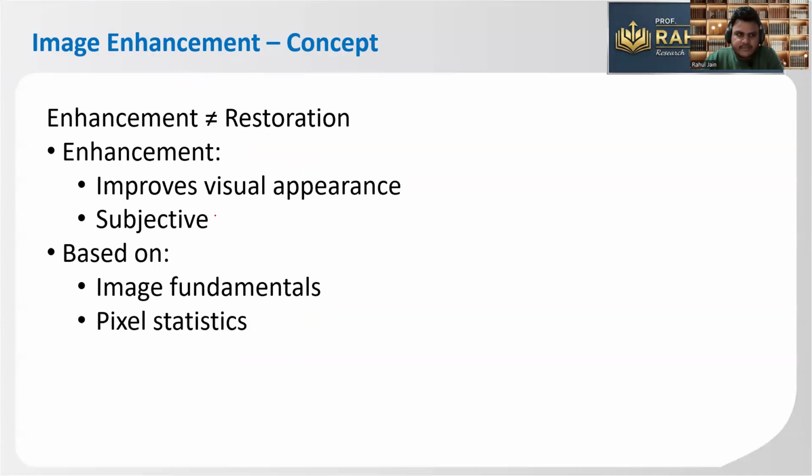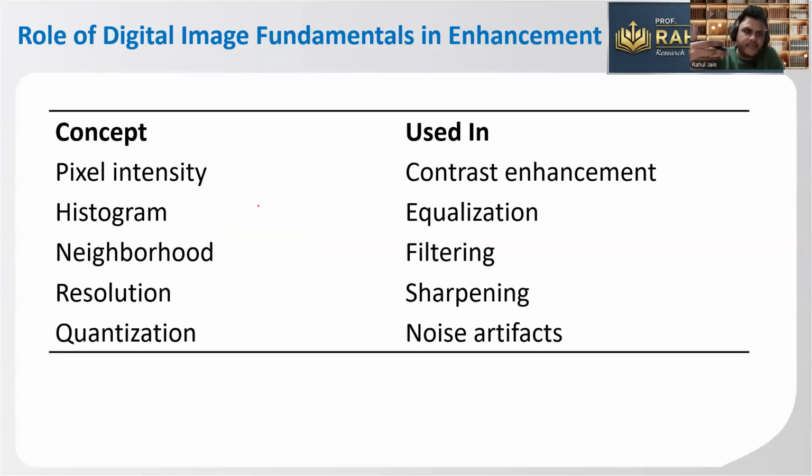Image enhancement concept: enhancement is not restoration, but enhancement means improving the visual appearance by reducing the noise and other things. It is subjective in nature, which is based on image fundamentals and pixel statistics. So image enhancement is all about improving the visual appearance. It is subjective, it's not restoration, it is enhancement, right?